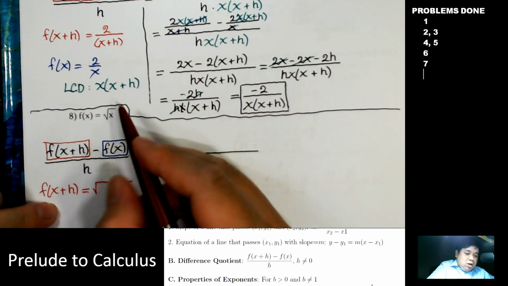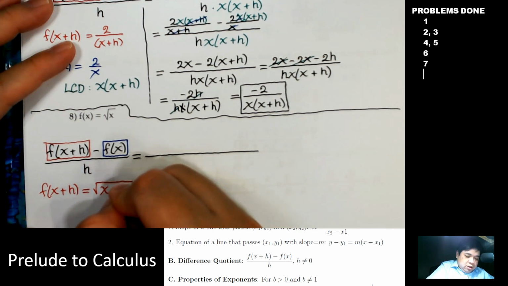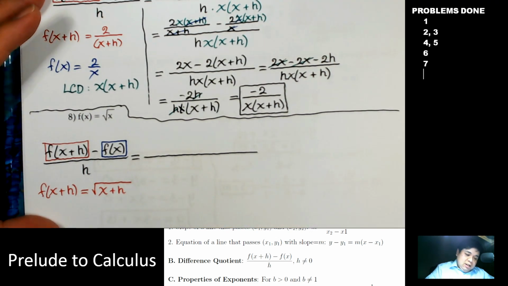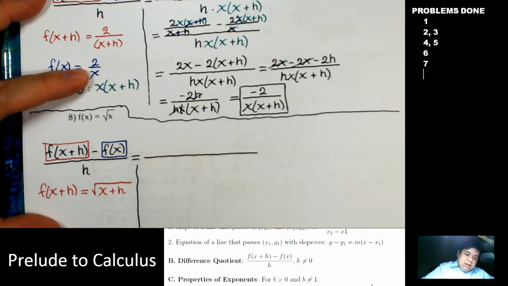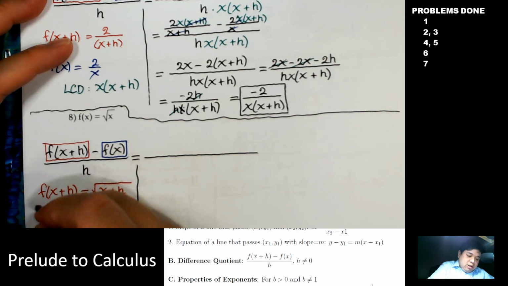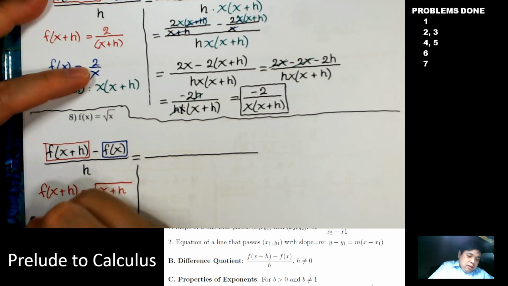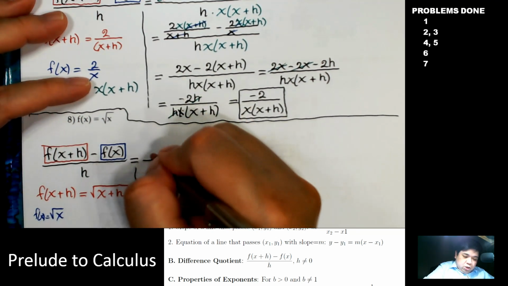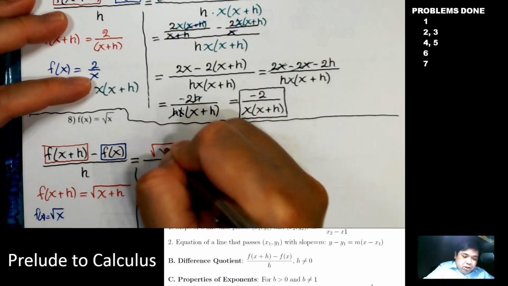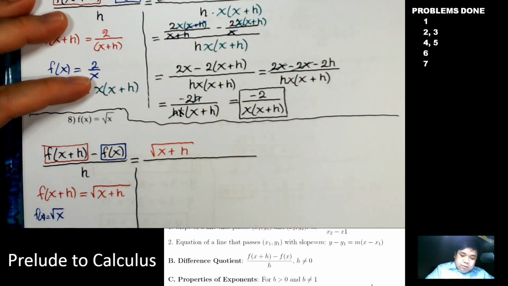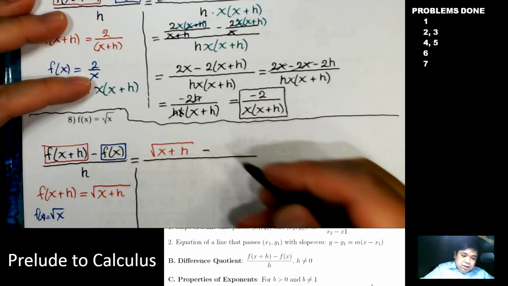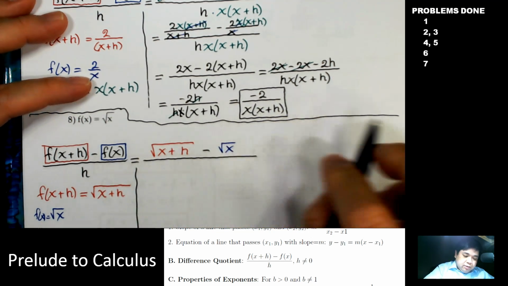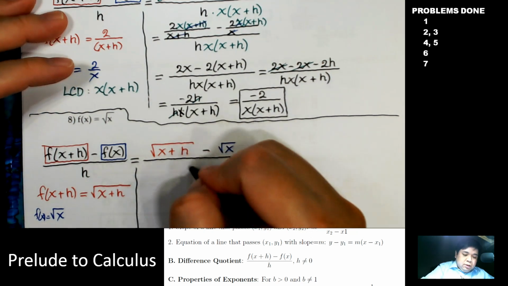Now we're going to put x plus h into x, so pretty much just that. And f of x is just square root of x. So we have square root of x plus h minus square root of x over h.